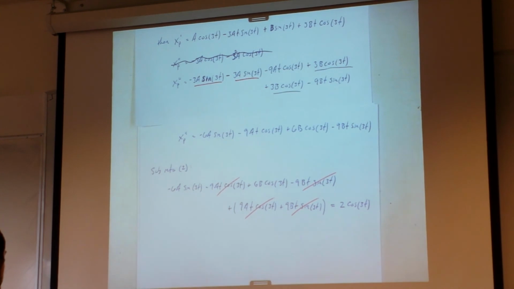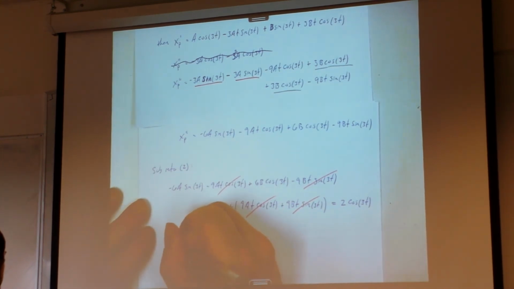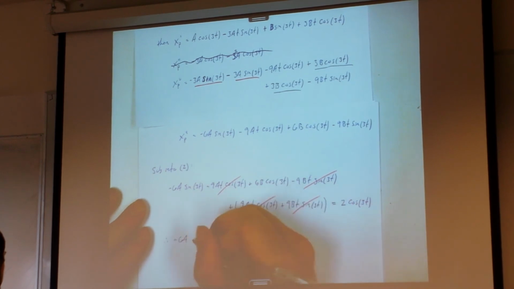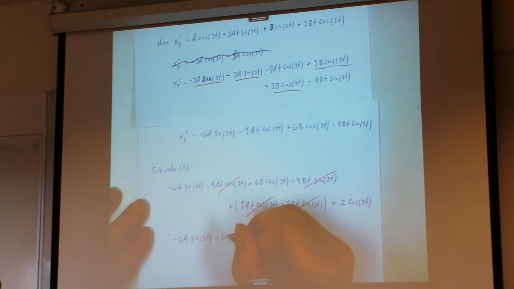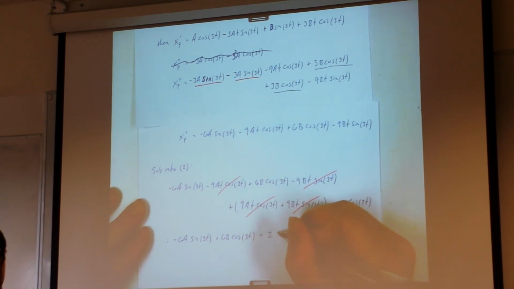Okay. So let's write it one more time. Negative 6a sine 3t plus 6b cosine 3t equals 2 cosine 3t.